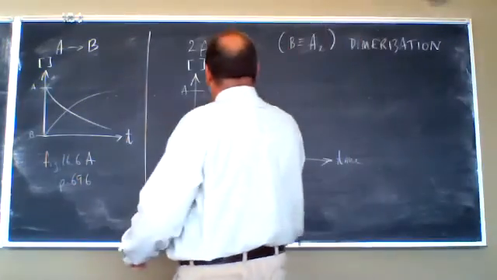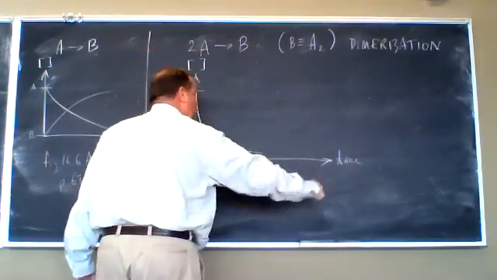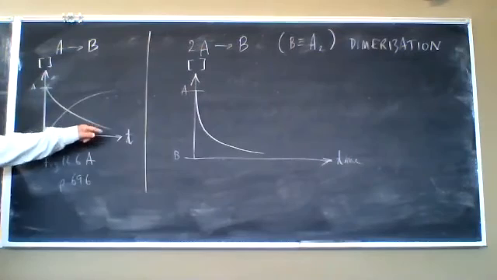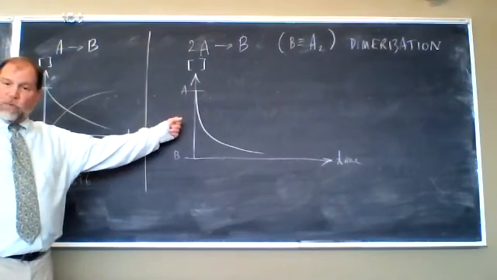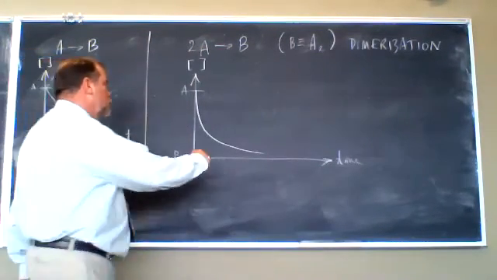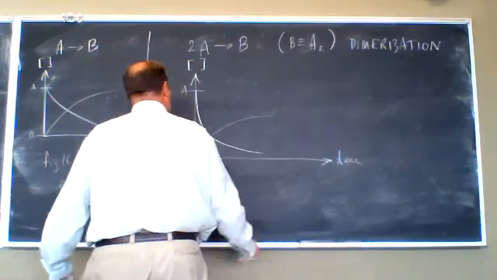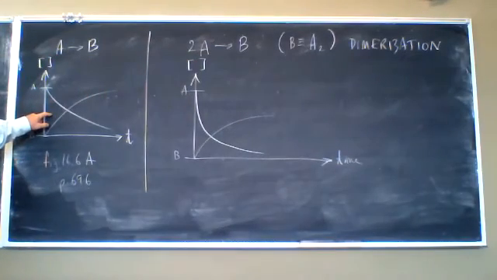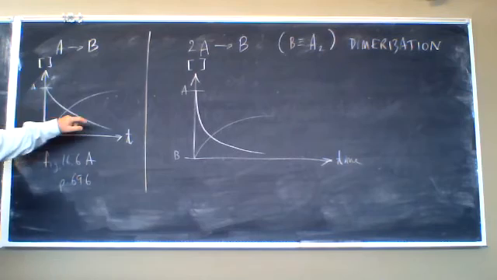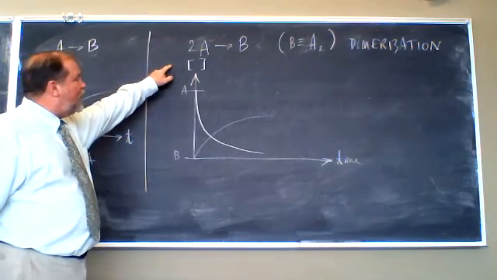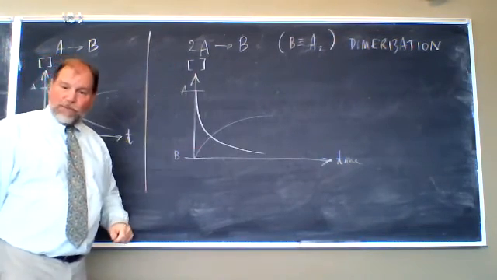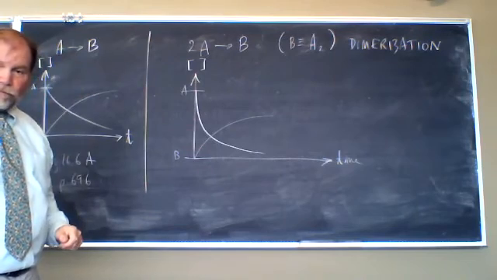And so what we see is a much steeper downslope if we're using two A's to make one B. And then the slope of B should be just like B over here. So A gets used up twice as fast. That's how we would see that represented graphically.